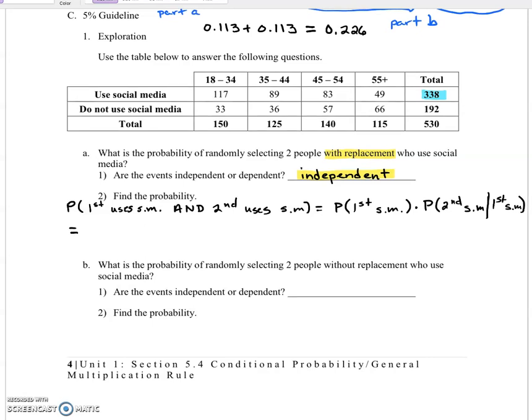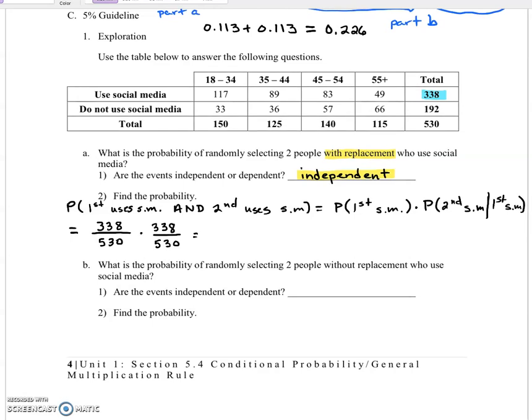So remember, they're independent. So when we pick the first person, we have 338 total people in that category out of 530 total people. So that's the probability of the first one. Now we pull one out. We say, okay, you use social media. We put them back in the pile. That means we still have 338 people that use social media we can pick from out of 530 total people.